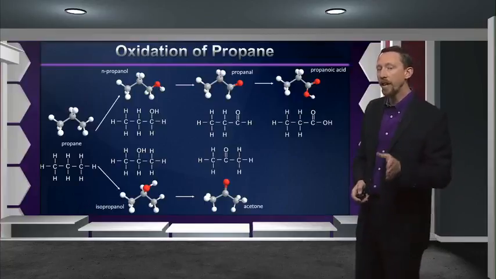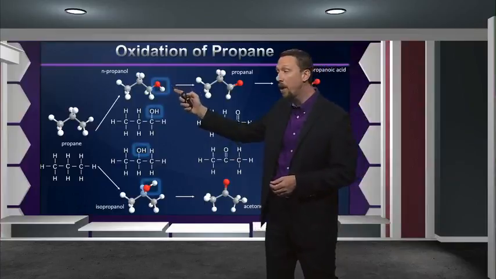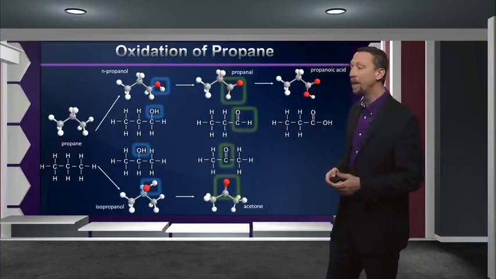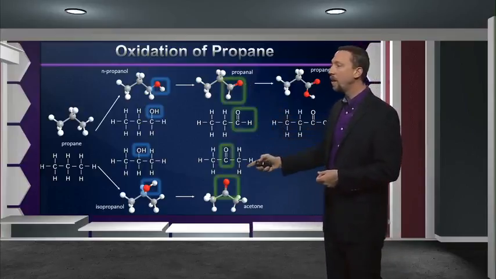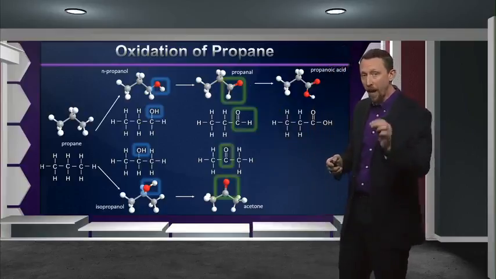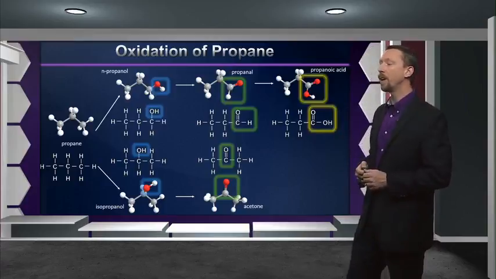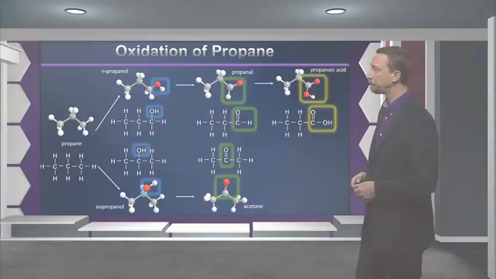So again here, when I oxidize propane, I have to consider where do I put the hydroxyl to get N-propanol or isopropanol? And at that point, where do I put my carbonyl, my double bonded oxygen? Do I get propanal, an aldehyde, or do I get acetone, a ketone? And finally, if I'm dealing with a terminal carbon, I can get one more oxidative step to form what we call propanoic acid, a carboxylic acid molecule.